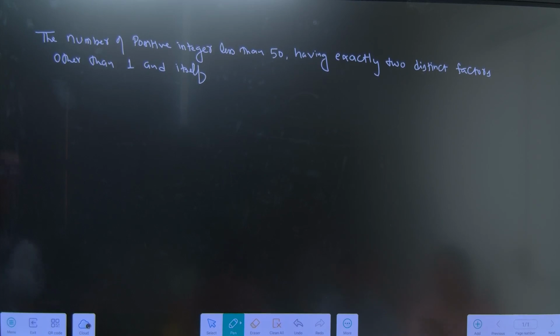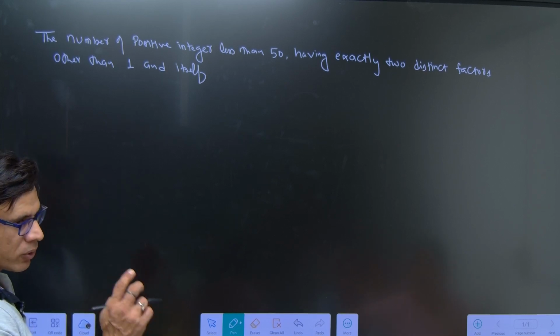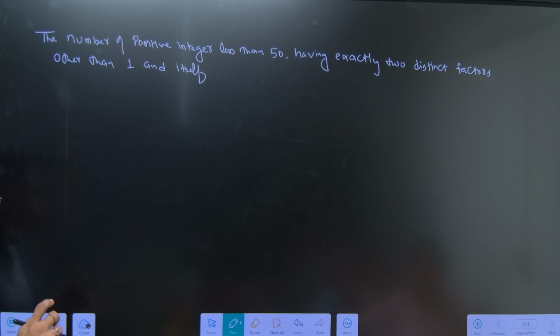First, let us try to understand the meaning of this. So, all the positive integers less than 50 having exactly two distinct factors other than 1 and itself.